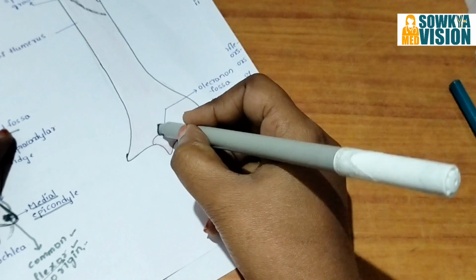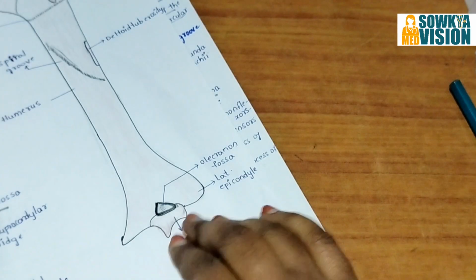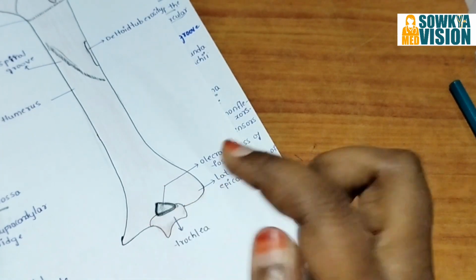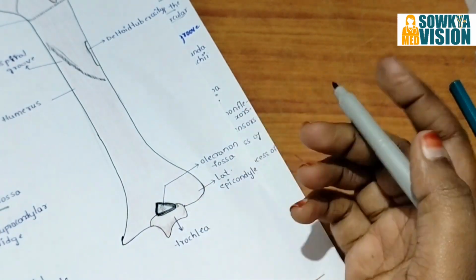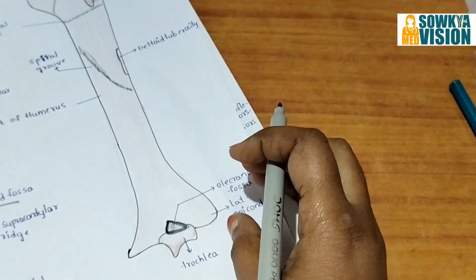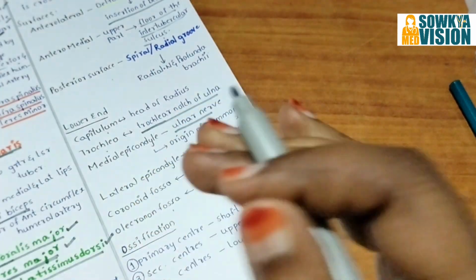This is the olecranon fossa presented posteriorly. This is the posterior view presenting olecranon fossa. Fitting for what? Olecranon process of the ulna. Olecranon process of the ulna is fitted into olecranon fossa of the lower end of the humerus.